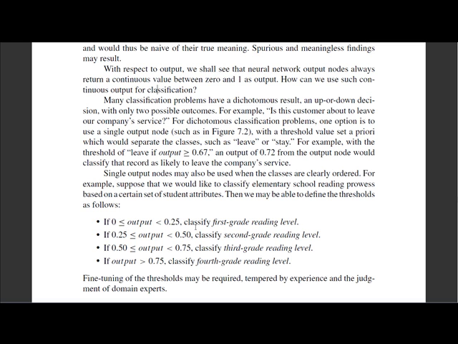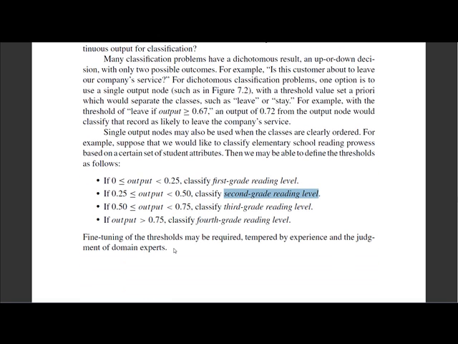If they have a first grade reading level, the output is between 0 and 0.25. And if they have a second grade reading level, the output will be between 0.25 and 0.50, and so on. Fine-tuning of the thresholds may be required, tempered by experience and the judgment of domain experts.